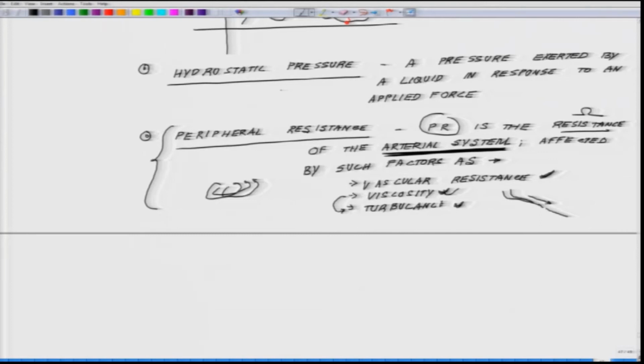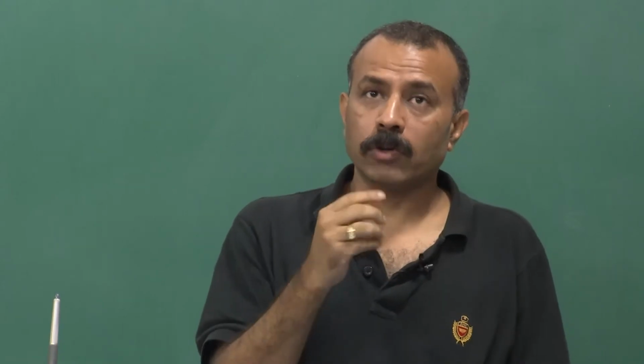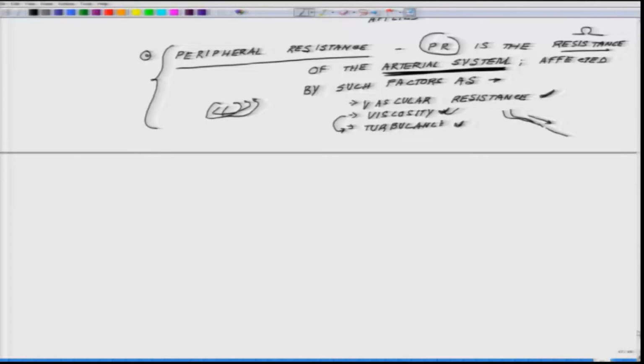Apart from it, if there is a thickening of the vessel, then you get a vascular resistance. So, these are very complex equations by virtue of which many a time doctors had to figure out what is really happening in the patient. They needed all these different values. Okay. So, this one is the peripheral resistance.